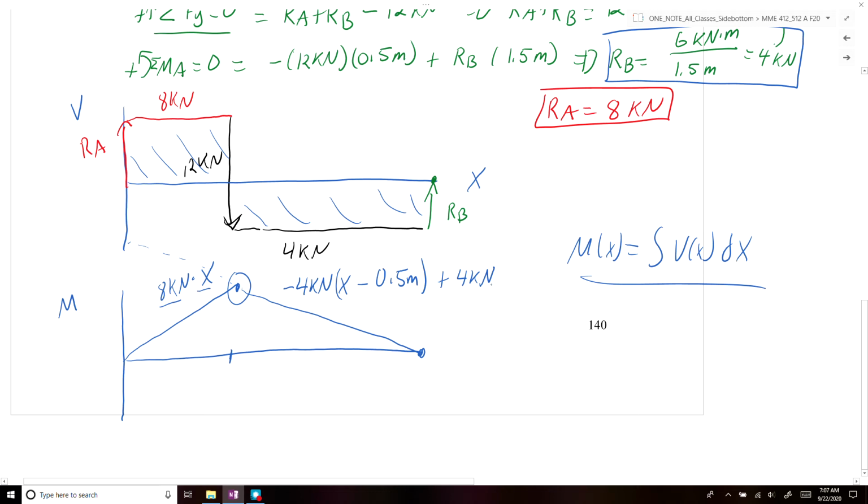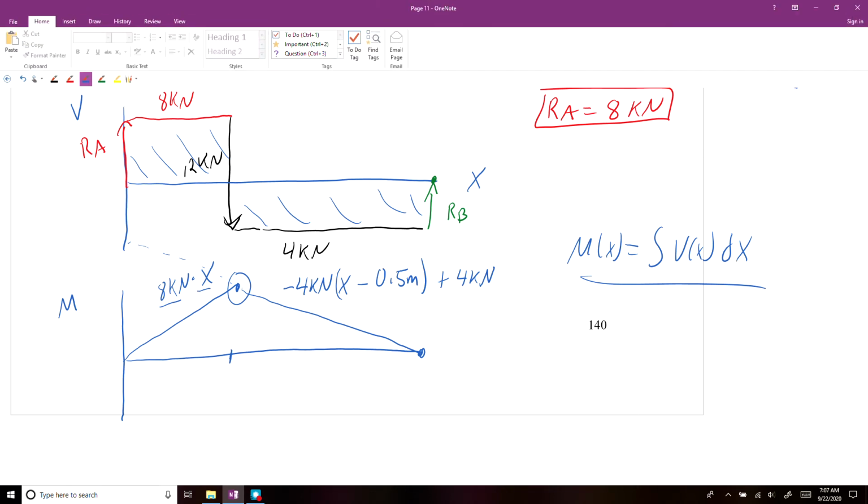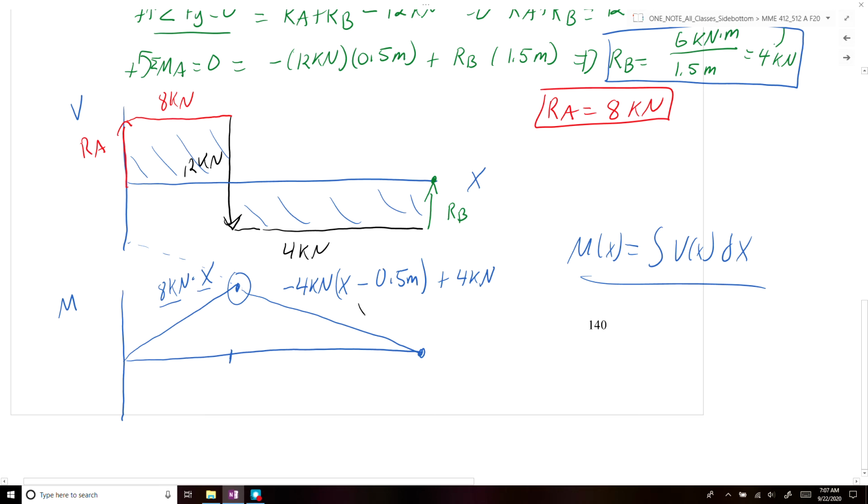Really quick, just to check our work, if we plug in x equal to 1.5, the moment should be equal to 0 at that point. So we get minus 4 kilonewtons times 1.5 minus 0.5 meters, plus 4 kilonewtons.